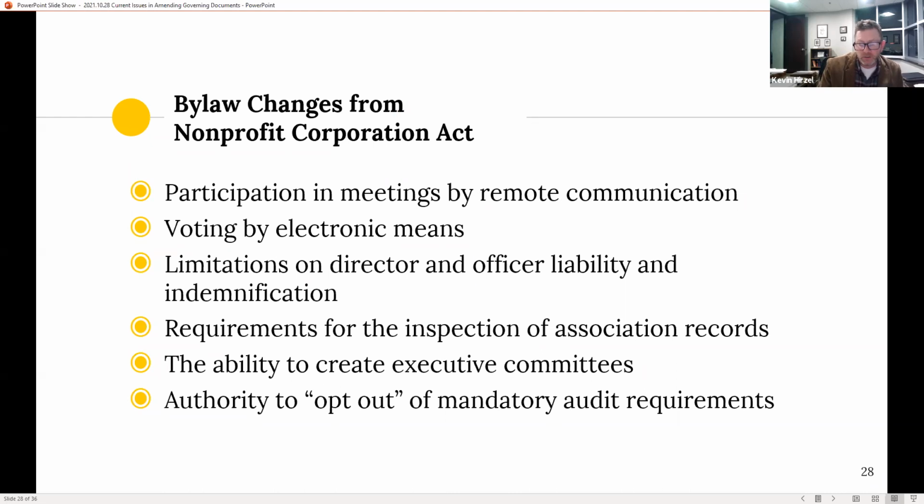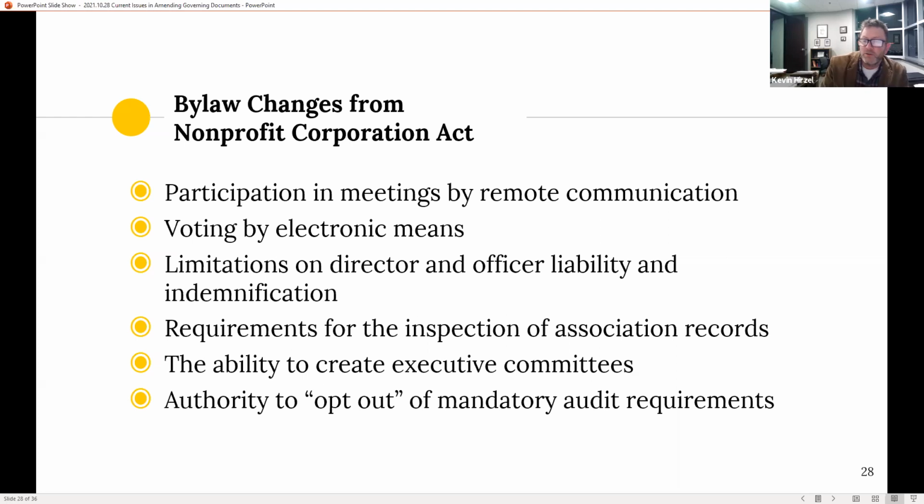One of the reasons to update your bylaws, whether it is the corporate bylaws in the HOA setting or the association bylaws in the condo setting, maybe they're tucked at the back of your condominium bylaws, there are certain things that you should evaluate to incorporate from changes that took place in the Nonprofit Corporation Act. And these include participating in meetings by remote communication, voting by electronic means, limitations of director and officer liability that we covered at the very beginning.